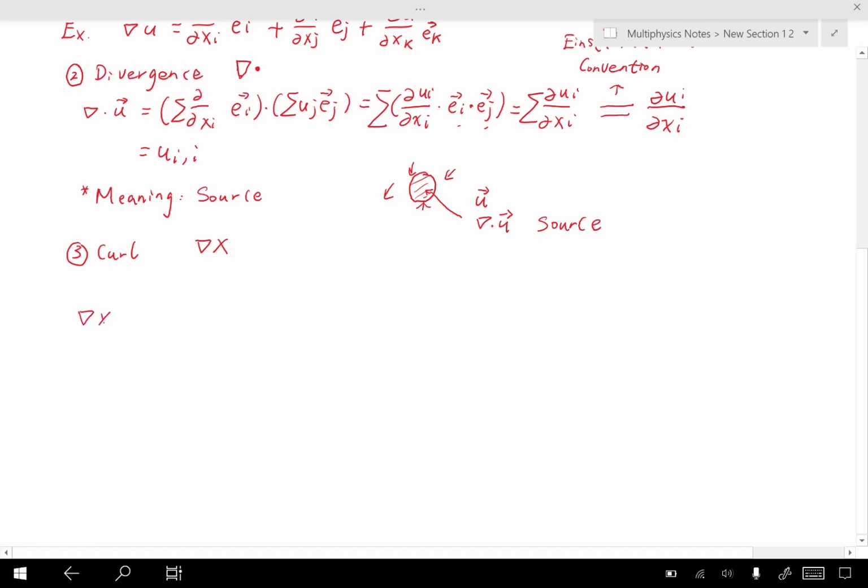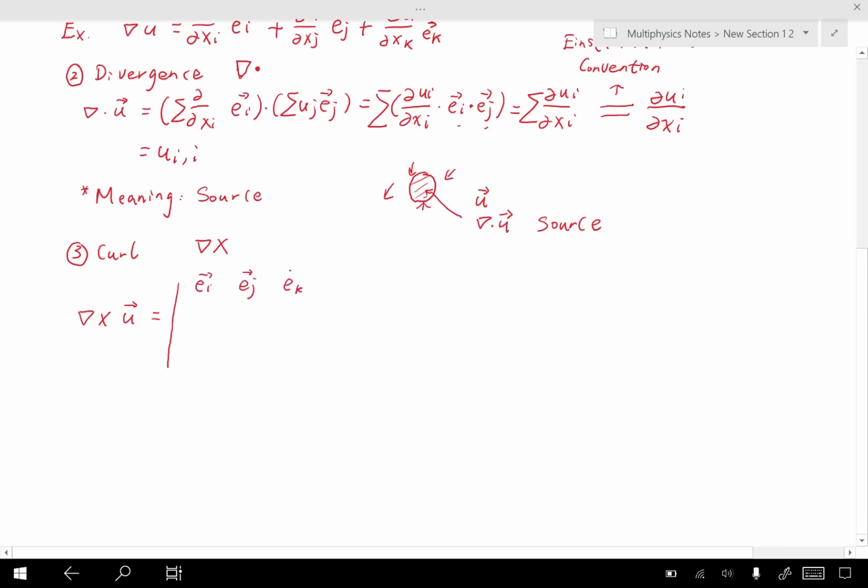And you guys know the definition of the cross product, right? So now you can write down the curl of u. It's just a determinant of a matrix: ei, ej, ek.